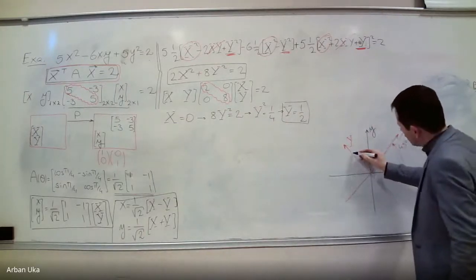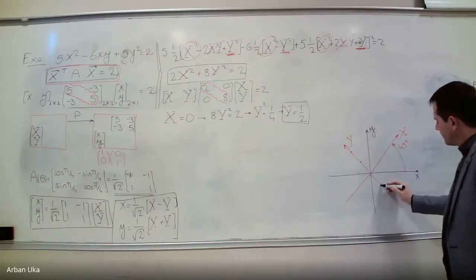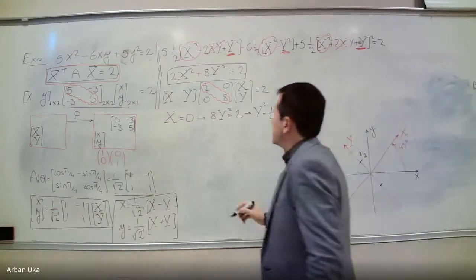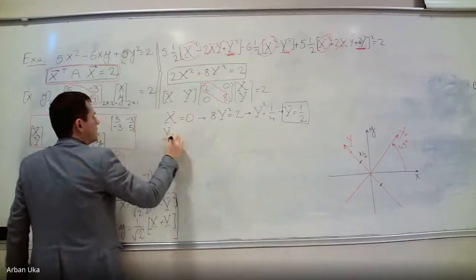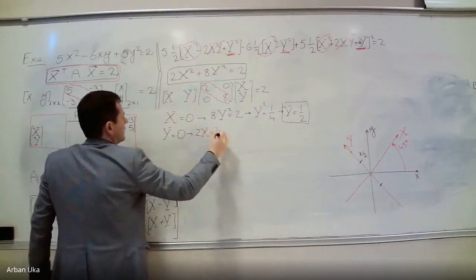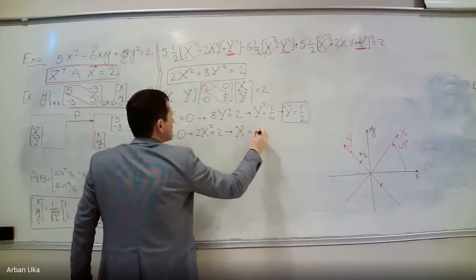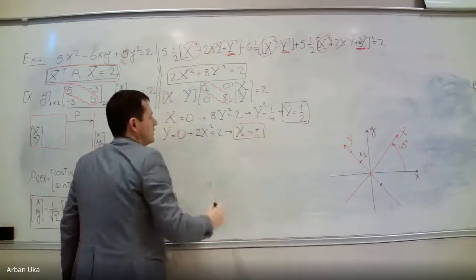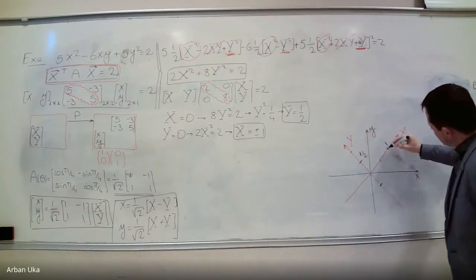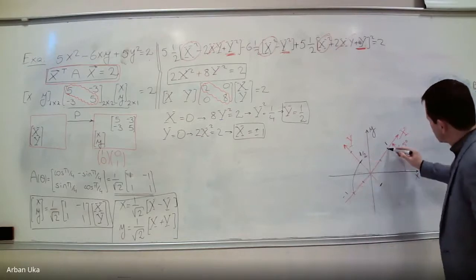So this is 1 over 2, this is 1, and here we also get minus 1 over 2. But then when y is 0, we get 2x squared equal to 2, which implies that x itself is plus minus 1. So plus minus 1: here this is half, this is 1, this is half, this is minus 1. Then we get something like this.